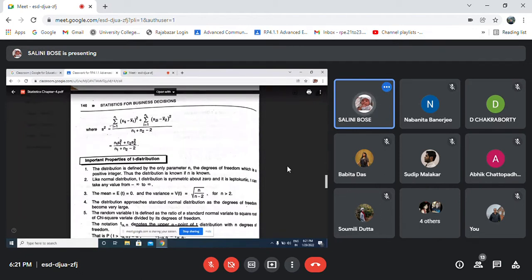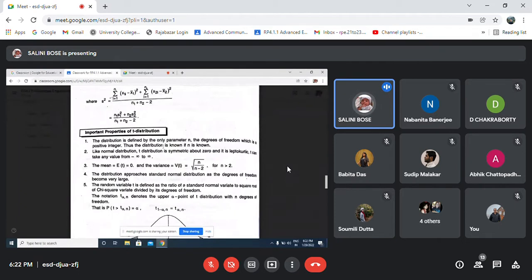So we can modify this equation like this: n1 s1 square plus n2 s2 square, right? Because for the first sample you write 1 by n1, and for the second sample 1 by n2, so that is nothing but s1 square and s2 square. That is why the equation is modified in this way. Clear?